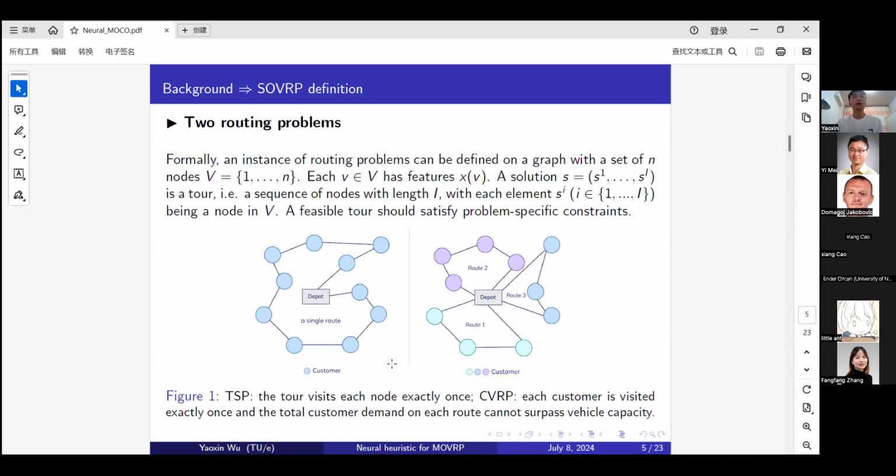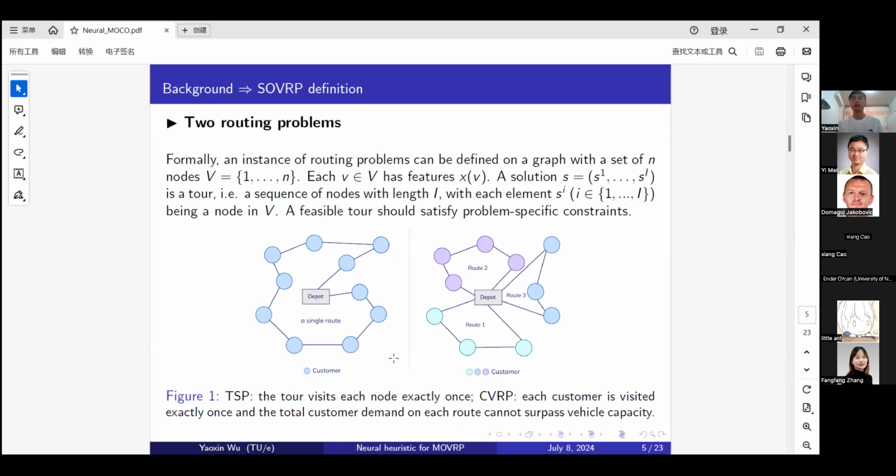So this is background. I want to give you some background about single-objective weak routing problems. Here are two typical weak routing problems. One is TSP and one is CVRP. In TSP, you need to find a route to traverse each node once, and the objective function is to minimize the length of the route. In the CVRP, there is a capacity constraint.